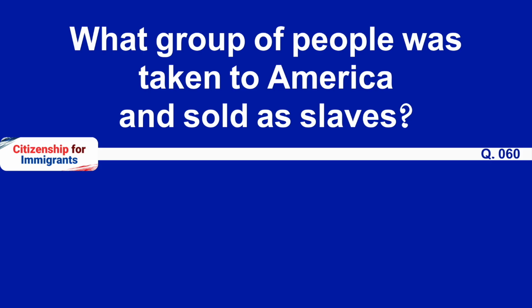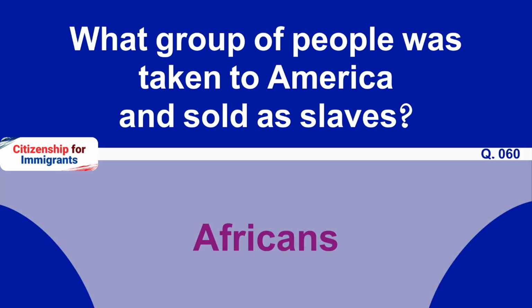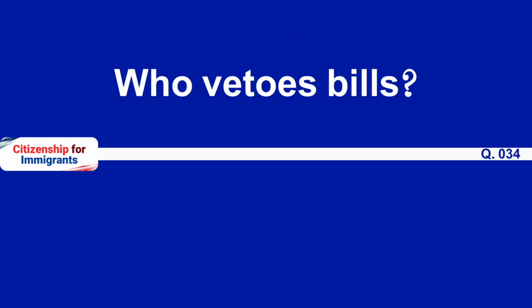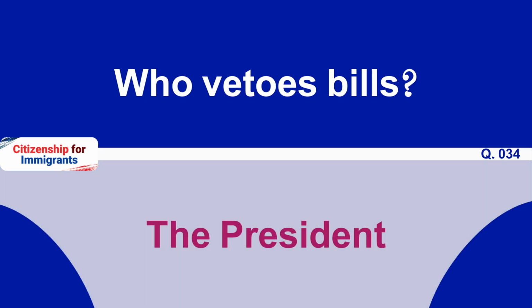What group of people was taken to America and sold as slaves? Africans. Who vetoes bills? The President.